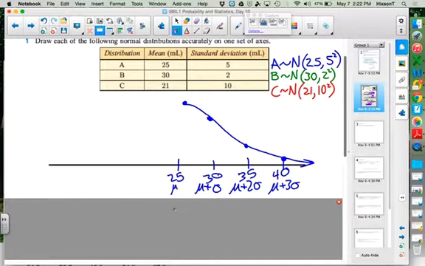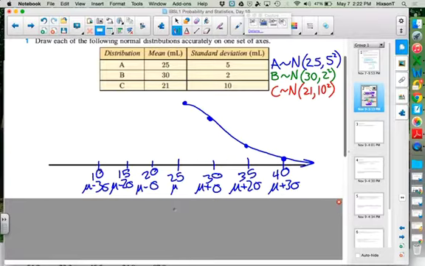Now, we do the same thing on the bottom side. We go down 1 standard deviation, 2 standard deviations, and 3 standard deviations. That takes us to 20, 15, and 10.